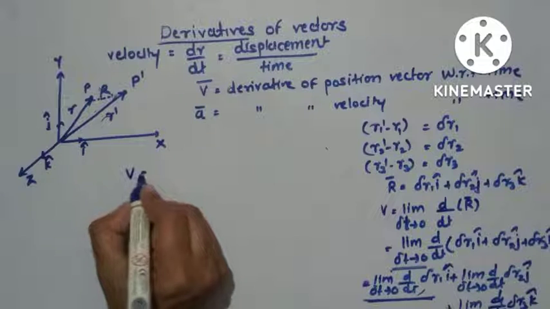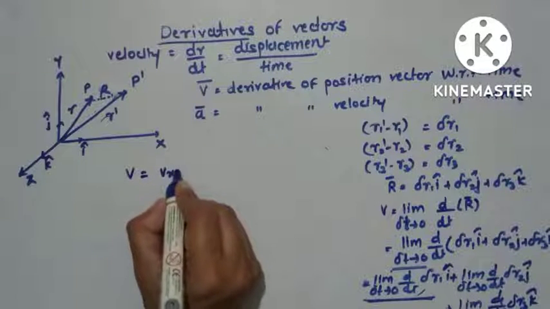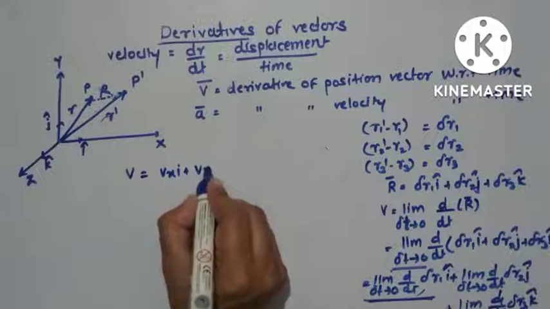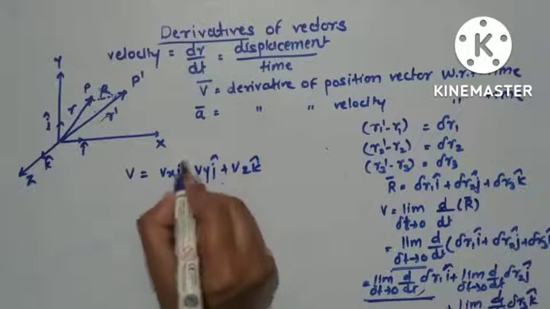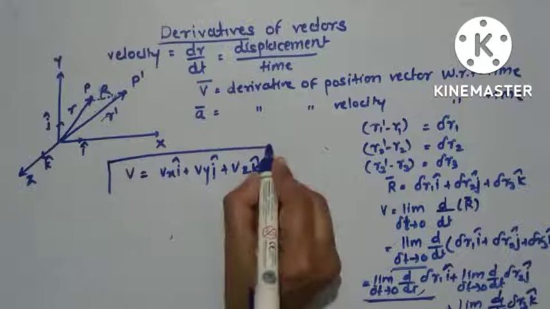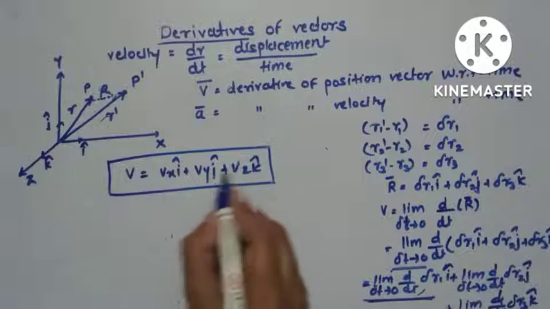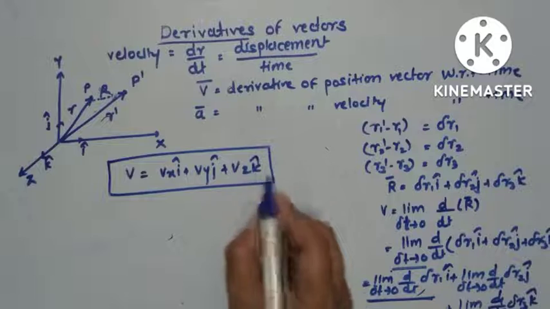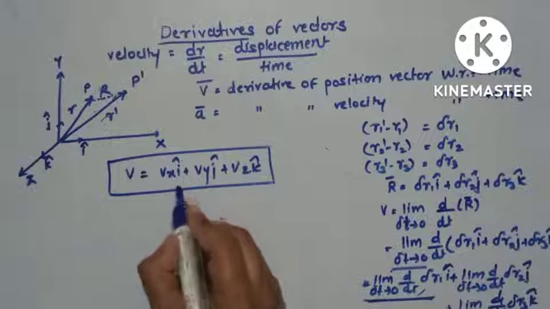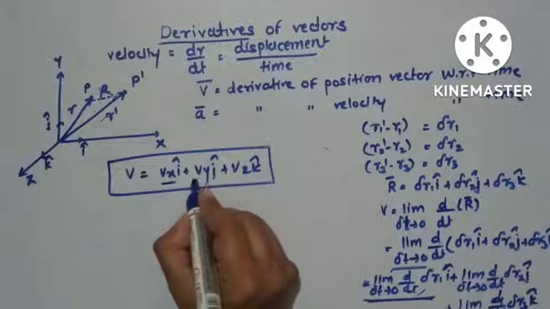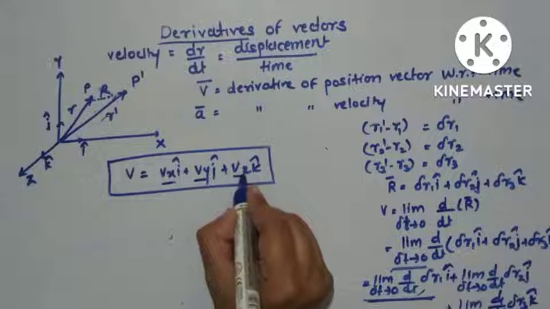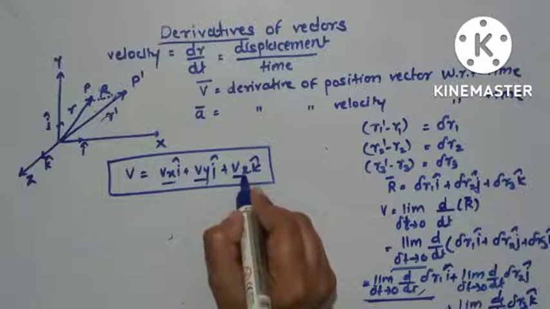So I can write here v is equal to vx i plus vy j plus vz k, which means that the total velocity of any particle in a Cartesian coordinate system can be given by velocity along the x-axis, velocity along the y-axis, and velocity along the z-axis.